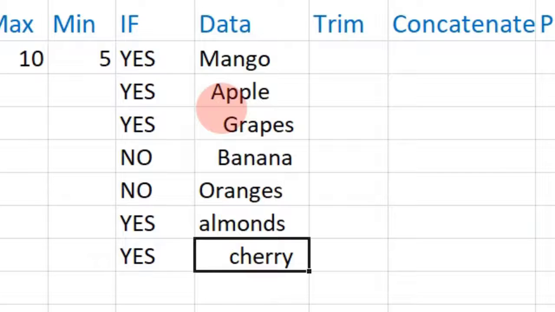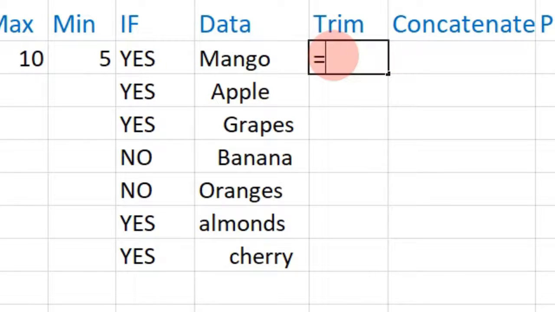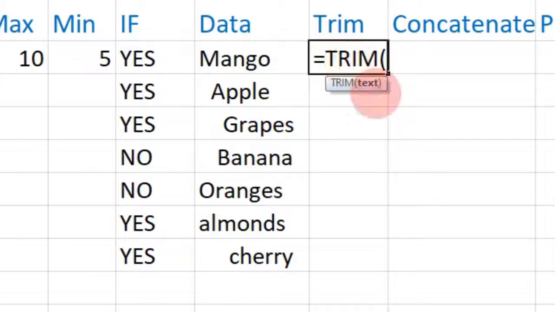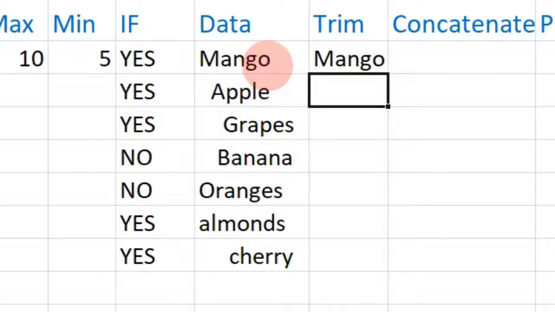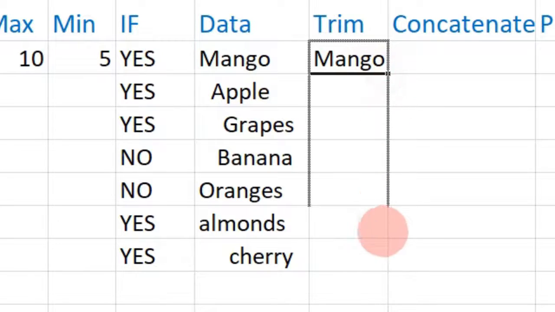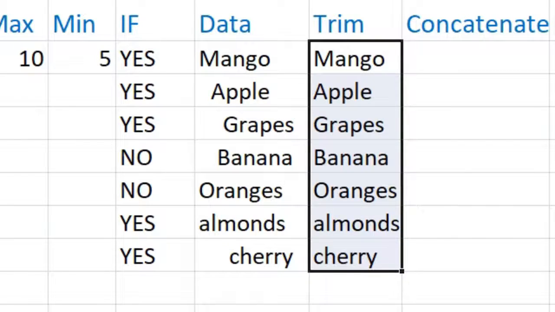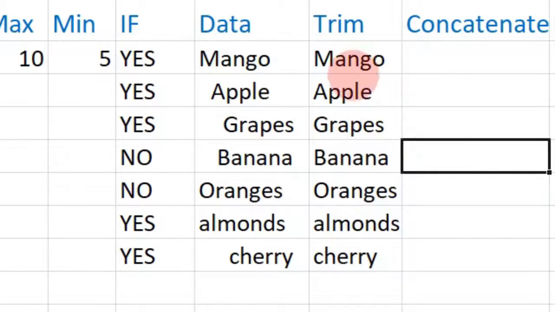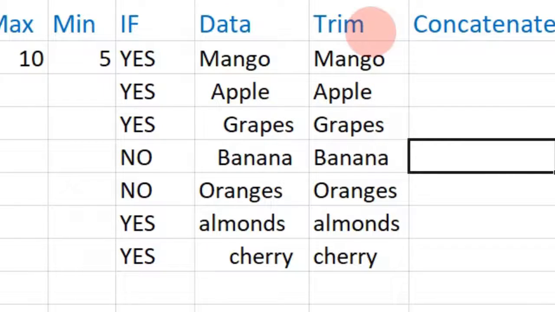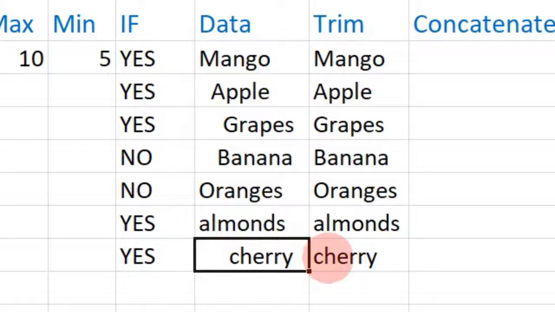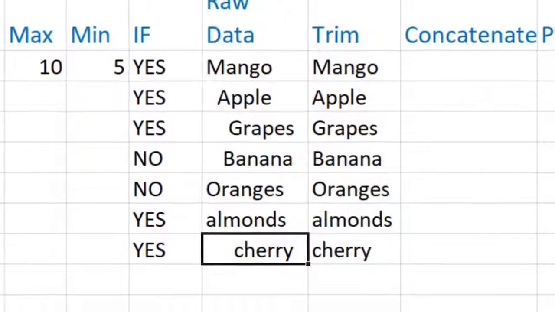We do not want any space before any word. So the formula is trim, select the cell and parentheses, enter. Drag it down to the last. All the spaces before the grapes, banana and the cherry have been removed, and the data is in proper form.